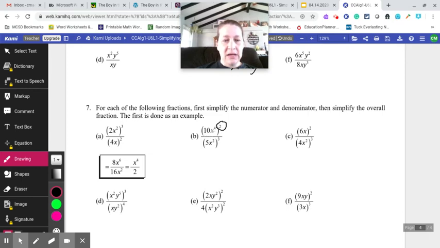You're going to multiply the exponent, but your 10 is going to be 10 times 10, not 10 times 2. Okay? 10 times 10 is 100. And 4 times 2 is 8. So 100 times x to the 8th.